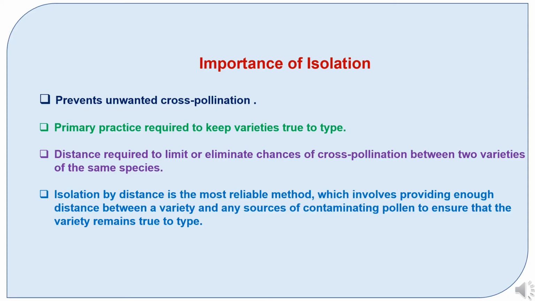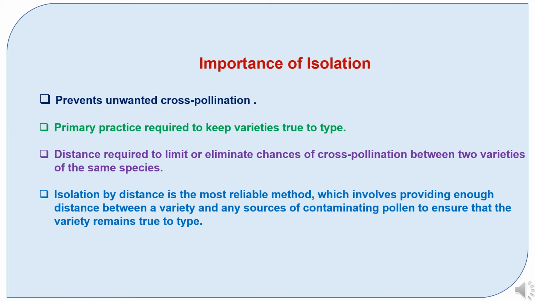Now to understand the importance of isolation. Isolation plays an important role in preventing unwanted cross-pollination, and it is the primary practice required to keep varieties true to type and avoid any type of contamination.